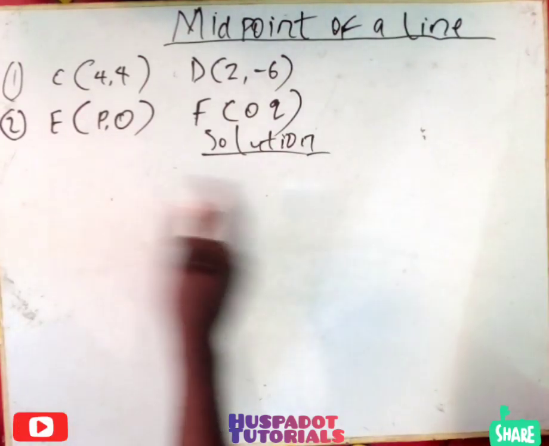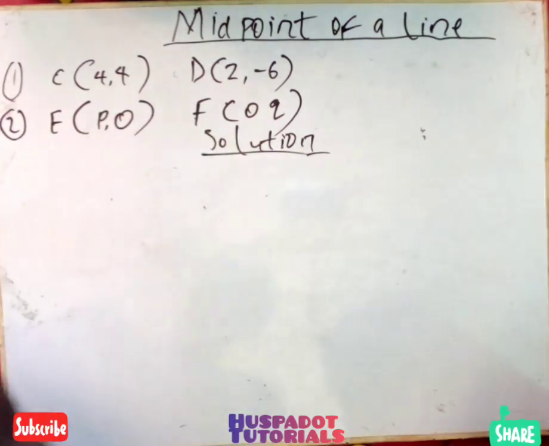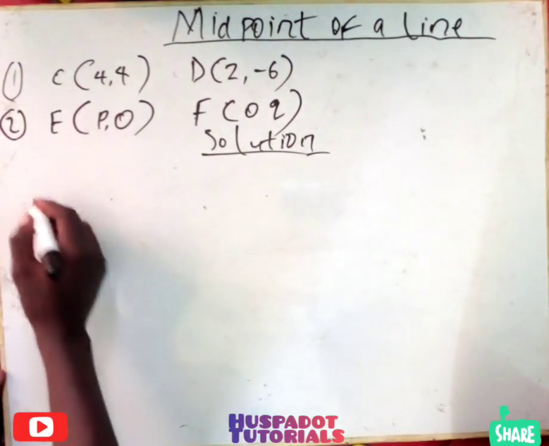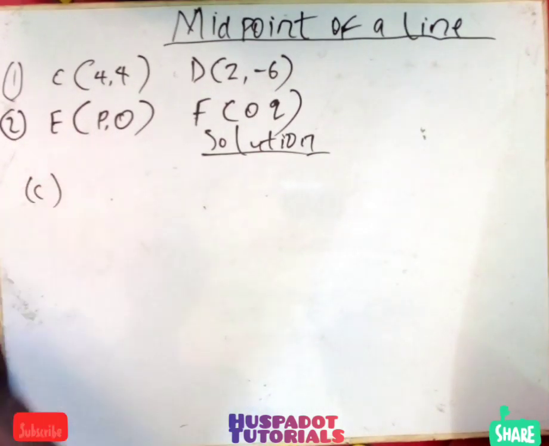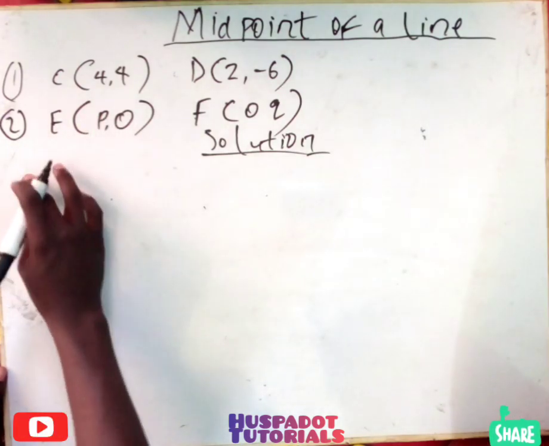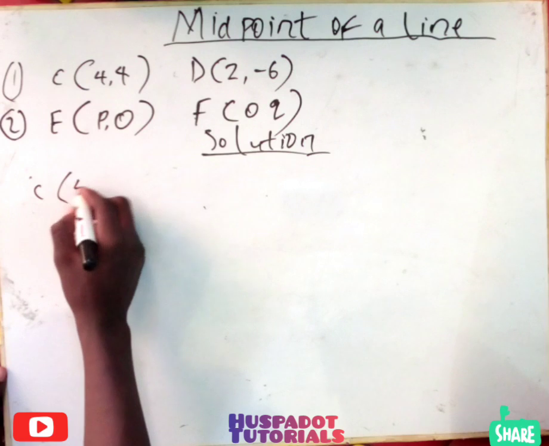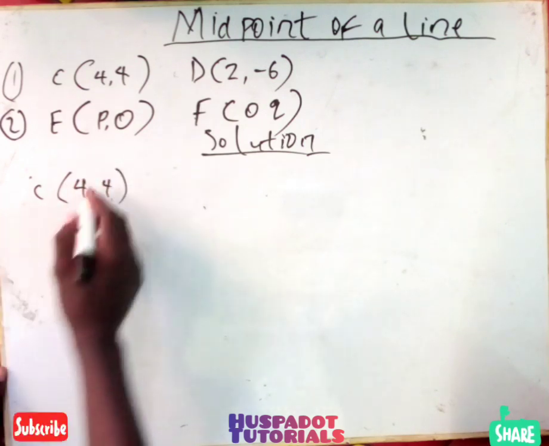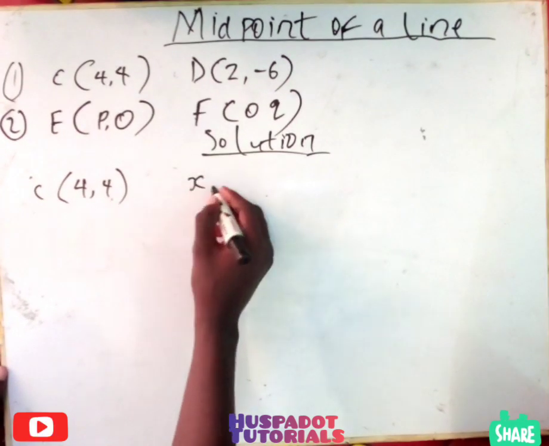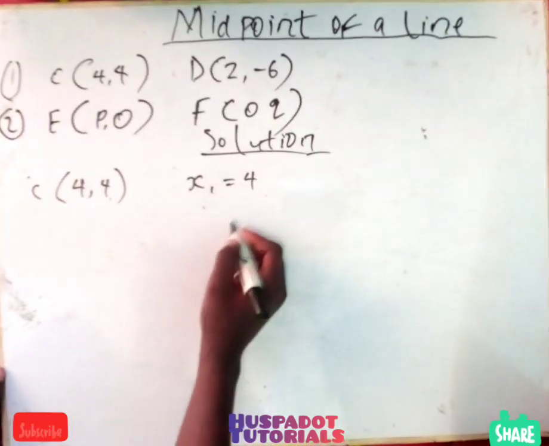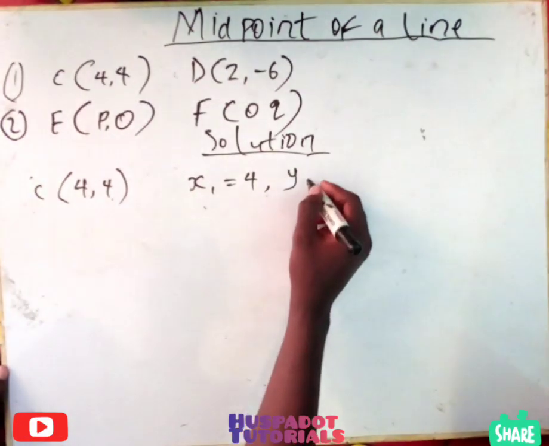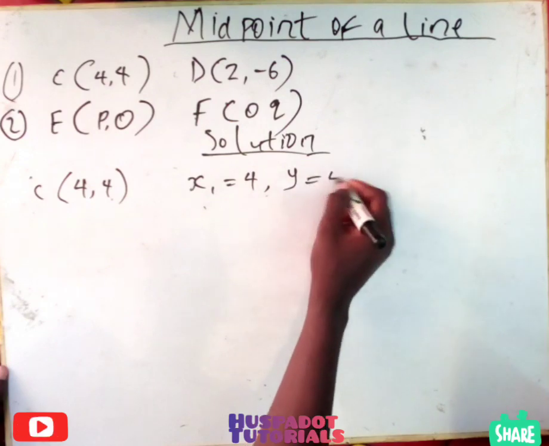Yeah, let us take two examples actually. For the first example, we have the first point C, 4, 4, which tells us that the value on the x coordinate, our x1, is 4, then the value on the y coordinate, our y1, is also 4.